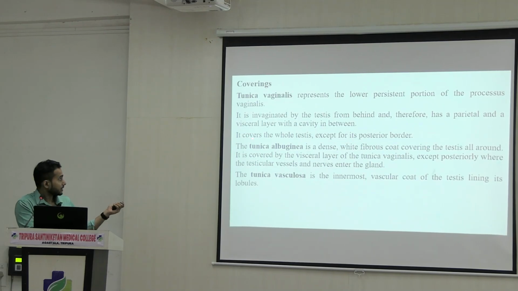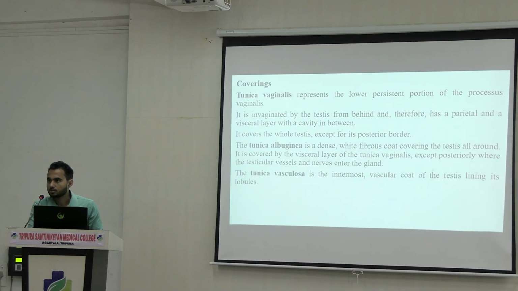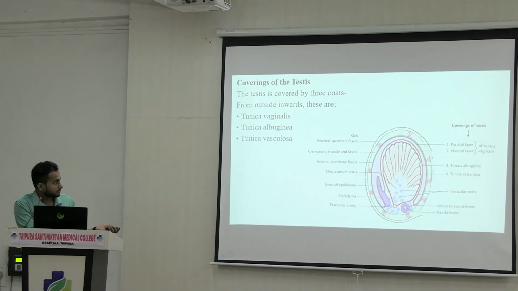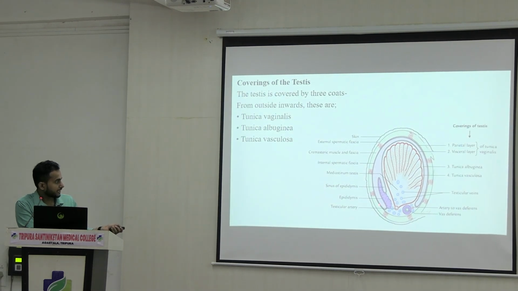Now if you see the tunica vaginalis, it covers the whole testis except the posterior border. Mostly the posterior border is not covered by the layers. Can you tell me why most of the layers are deficient posteriorly? Let me show you the diagram. In this particular part, most of the layers are not present.